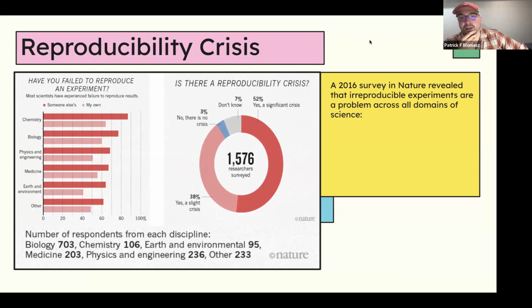And there are a lot of different reasons why people believe this is the case. Sometimes it could be the most negative possibility, where some people are fabricating data or misinterpreting the results or something along those lines.